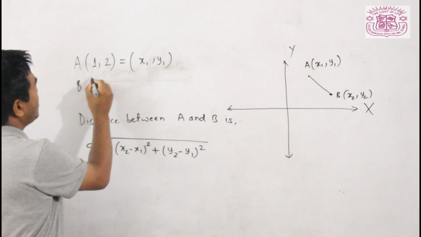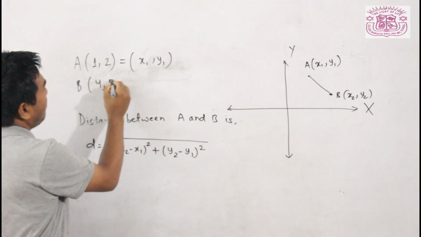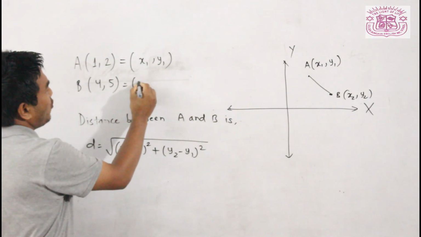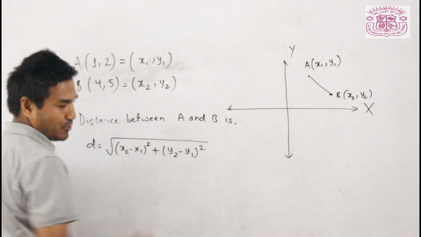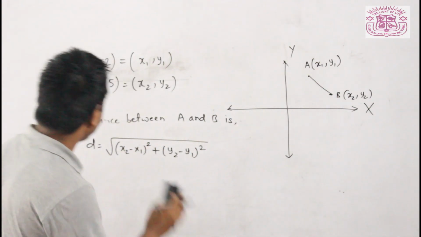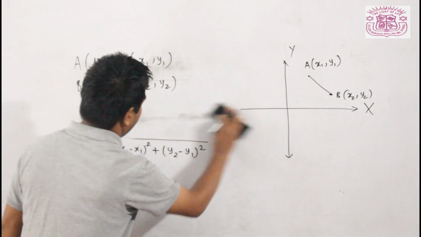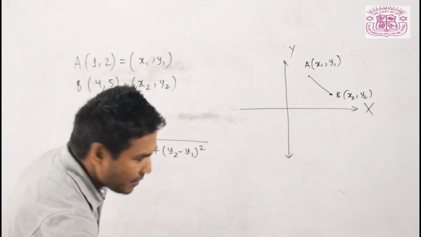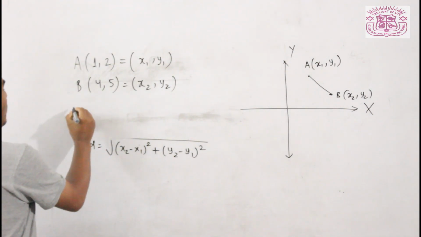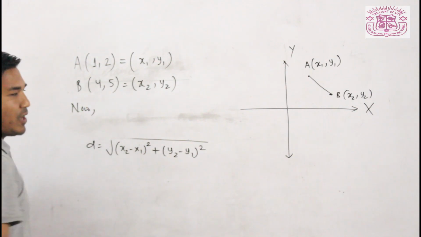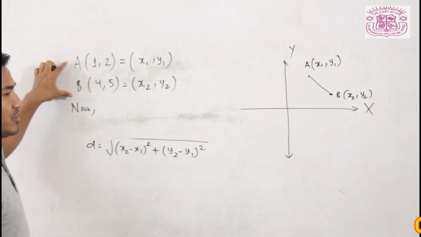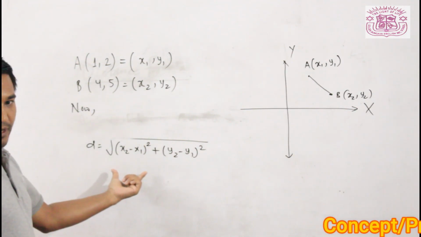And the second point is b, 4, 5. And we have to suppose this point as x2, y2. Now we have to find the distance between these two points by using this formula.